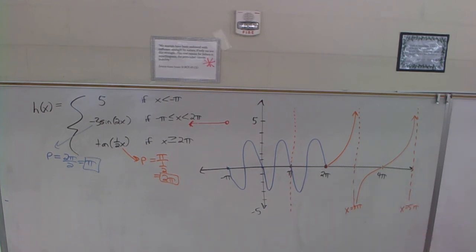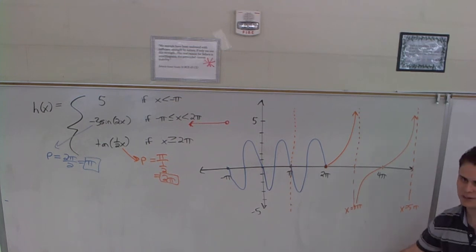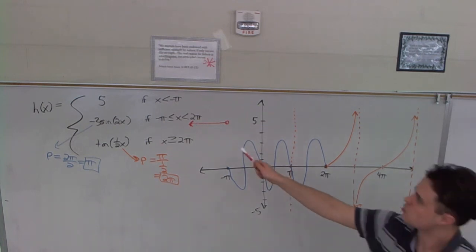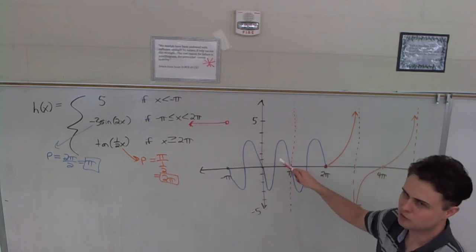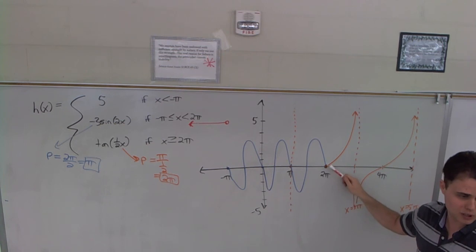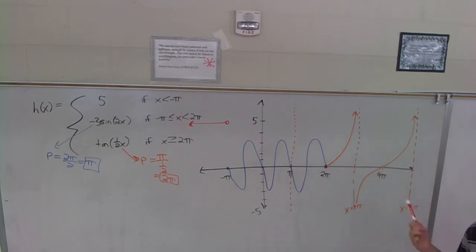Is it like artistic or not? I tried. You can do all kinds of stuff with this later on. So I tried to make a lot of your functions be kind of interesting visually. Okay? So we've got like the flat piece, the sine wave piece, and this one just coincidentally, because I made it that way, connected to the tangent piece. Okay? So there you go.